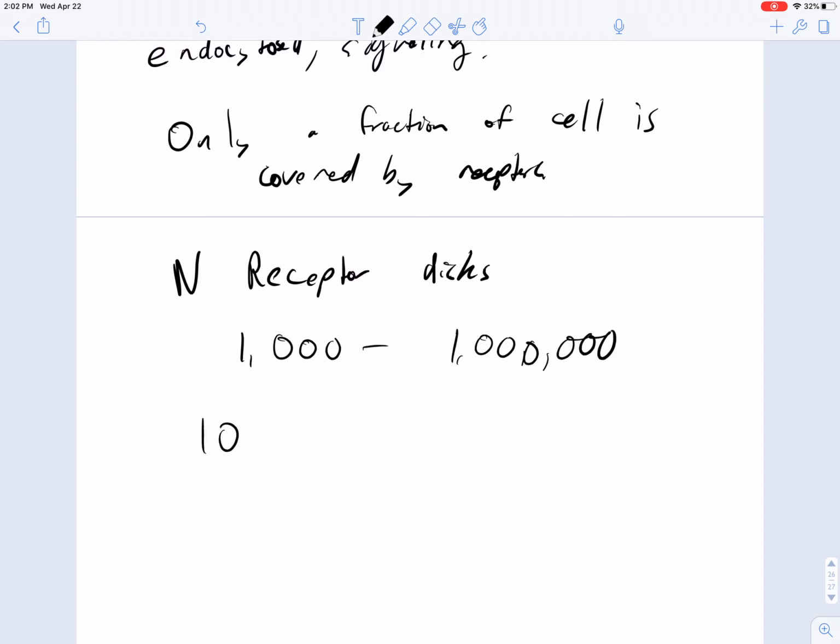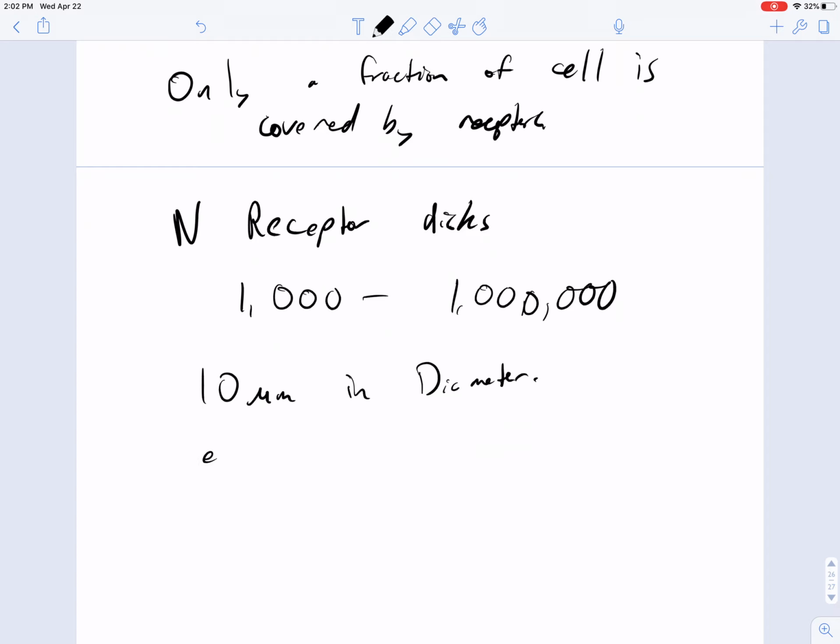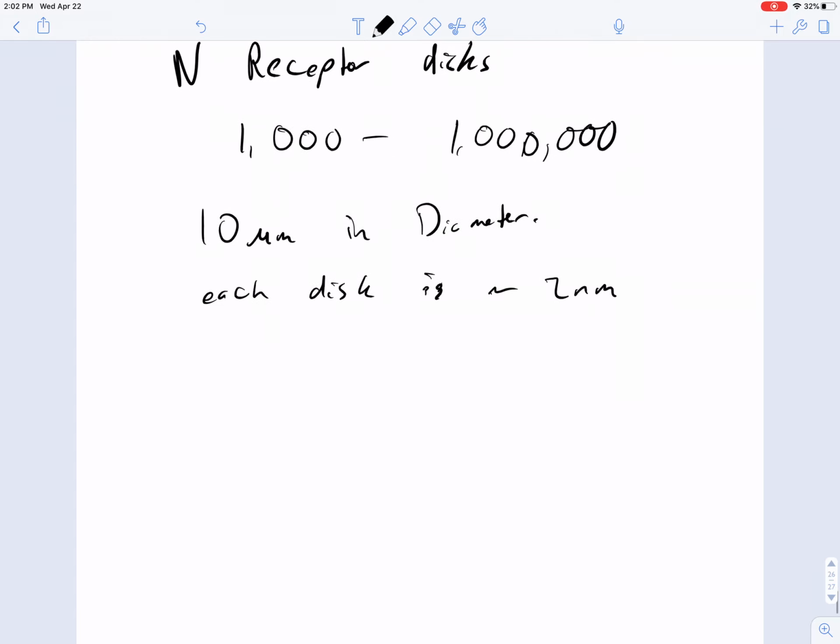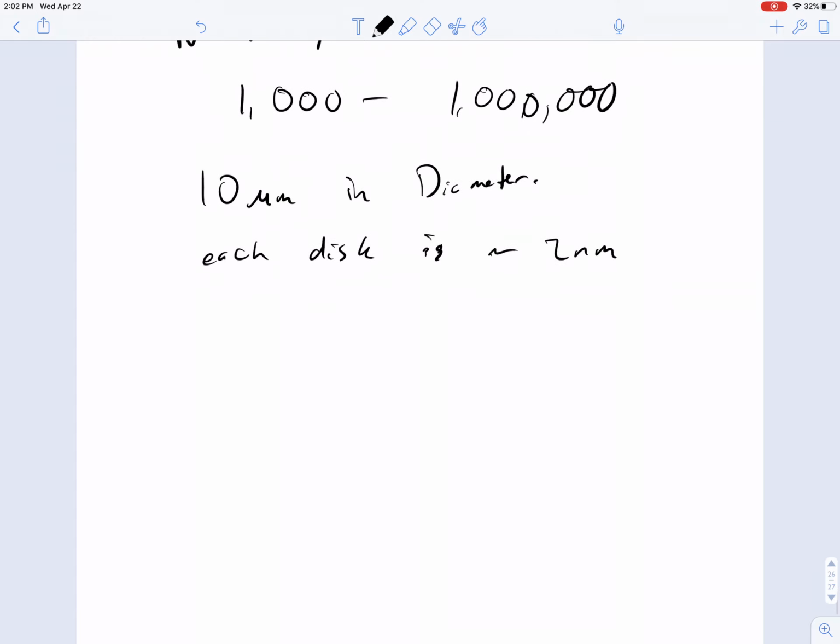Let's say our cell is 10 micrometers in diameter, and let's say each receptor disk is approximately 2 nanometers. This means that there's only like a 5 times 10 to the minus 3% to 1% coverage. That means that well over 99% of the cell surface is not receptor.